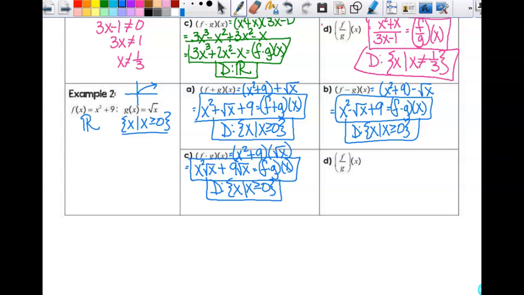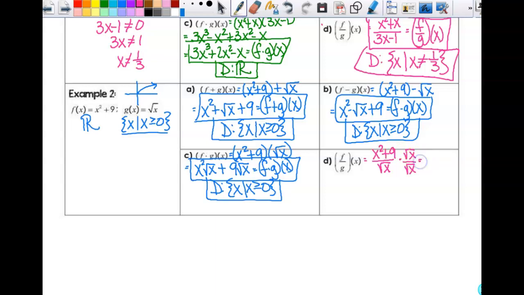All right, f divided by g of x. So this one is going to be x squared plus 9 divided by the square root of x. Okay, no canceling there, but I do need to rationalize my denominator. I'm not allowed to have a square root in the denominator, so I'm going to multiply this by the square root of x over the square root of x.